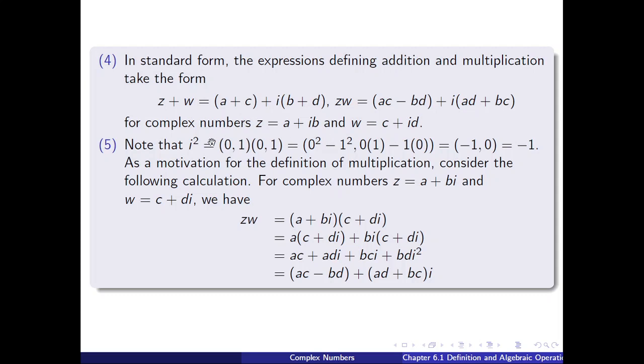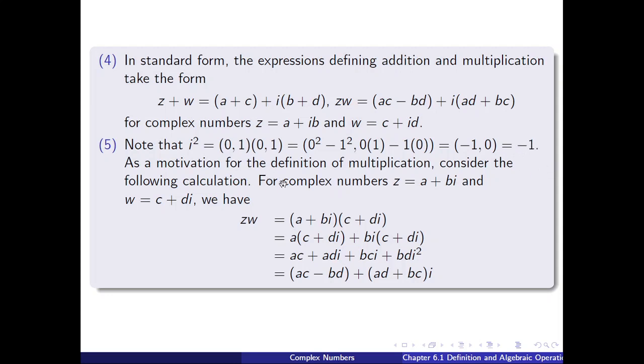And then we also know that i squared is minus 1, and we can do the calculation. i is equal to (0, 1), and if we apply the rule for complex multiplication, we get (minus 1, 0), and we know that (minus 1, 0) can be thought of as minus 1.